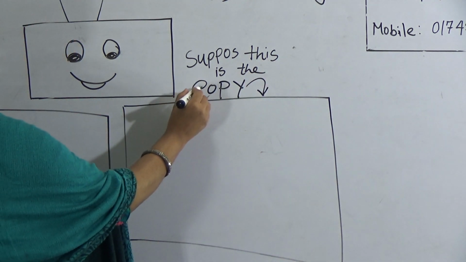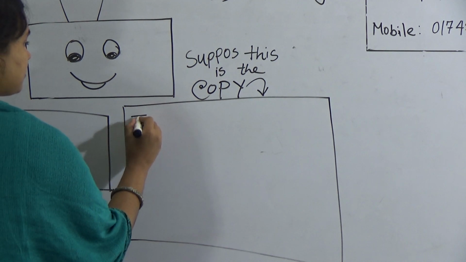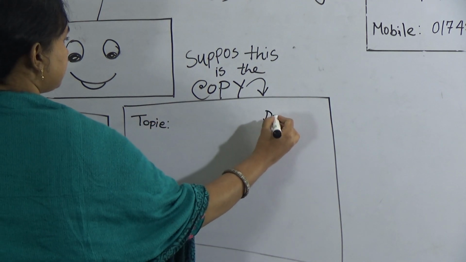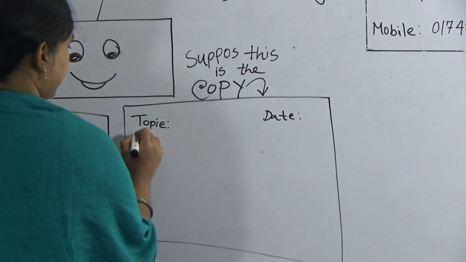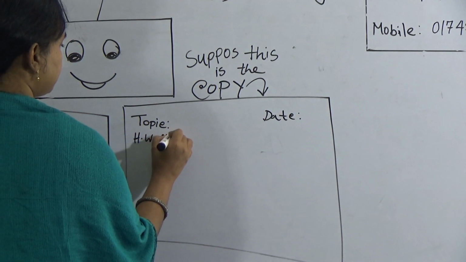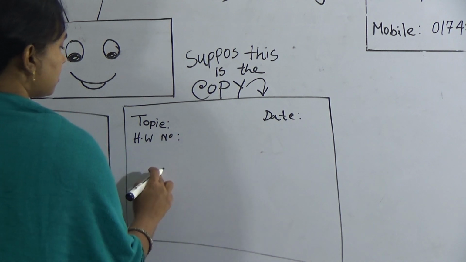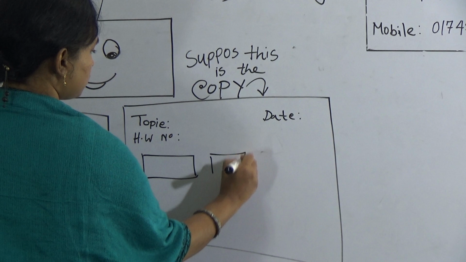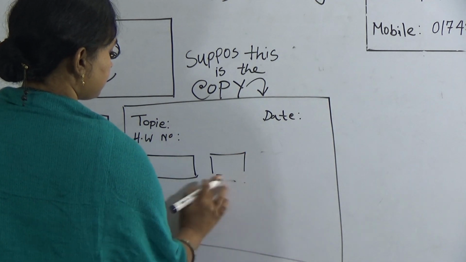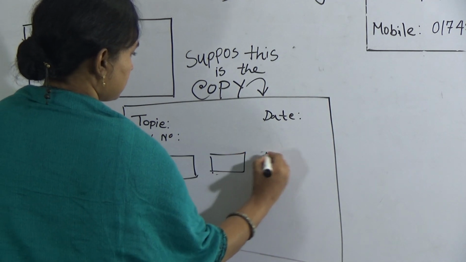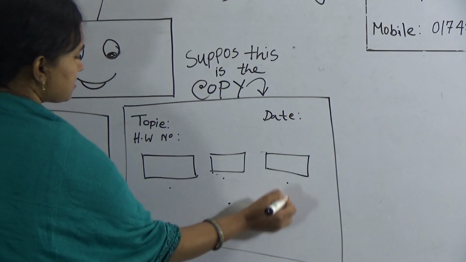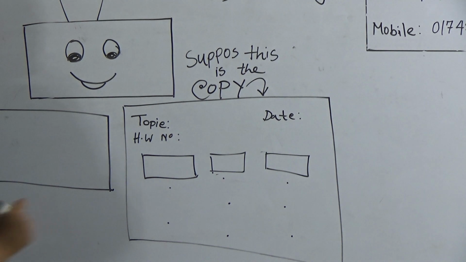Okay, this is the copy, and write down here topic, date, HW number, and then draw here the rectangle like this: 1, 2, 3, and another 6 you will draw on this space.